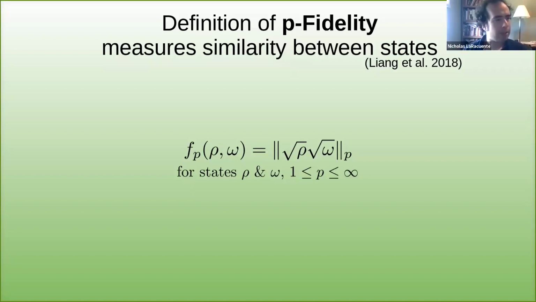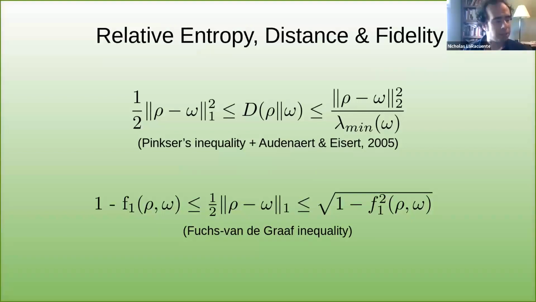It turns out that there are some connections between this relative entropy and typical measures of distance. A combination of Pinsker's inequality and a result by Audenaert and Eisert shows that the relative entropy is bounded in terms of norm distances between the two states.